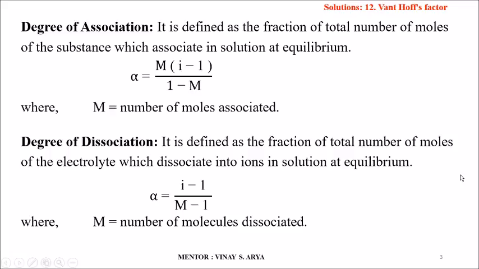Now, when we say the molecules have associated or the molecules have dissociated, how they are dissociated and what is the extent? Degree of association is what, students? Degree of association is nothing but the amount of association which has taken place. This is a simple parameter.